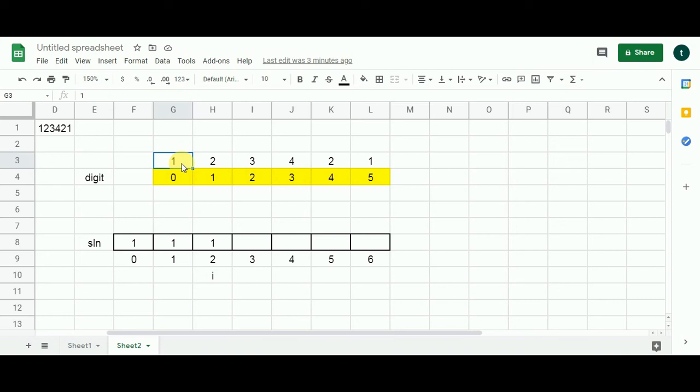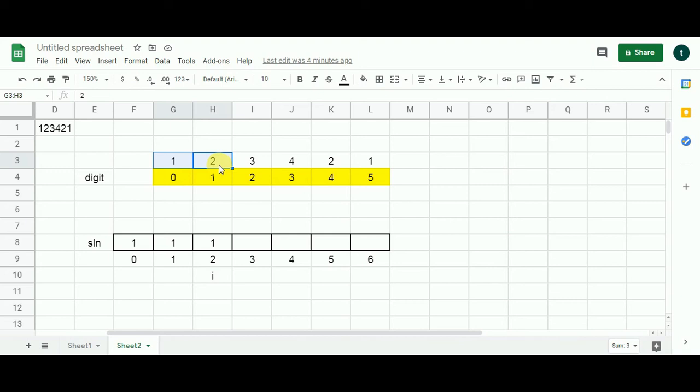Then we go to the I minus 1th cell of the digit array. I is 2, 2 minus 1 is 1. So this is the cell, and the value over here has to be less than or equal to 6. What we are checking here is that these two digits are greater than or equal to 10 and less than or equal to 26, so we can conclude that we have a possible decoding here. That's what we are checking over here.